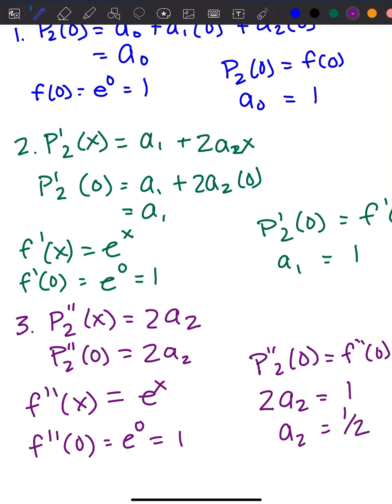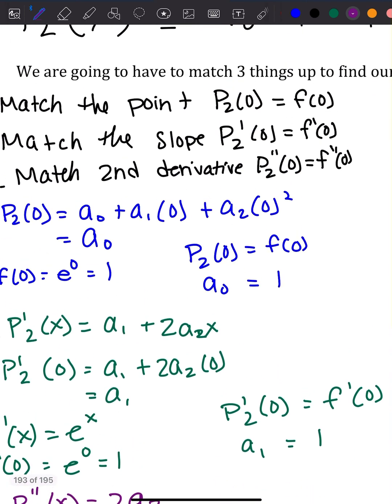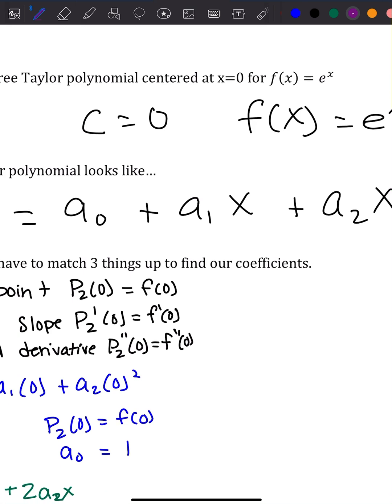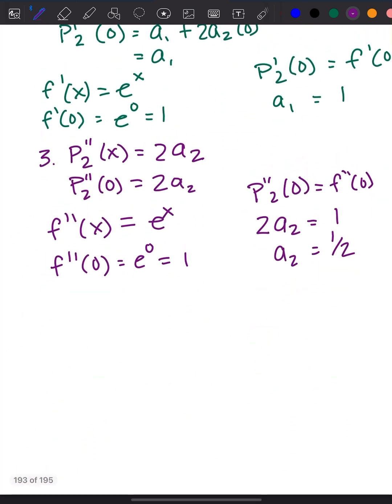I have all the parts and pieces that I need for my function because I now know what a sub 2 is, I know what a sub 1 and a sub 0 are. So I'm going to take those values and plug them back into our function.